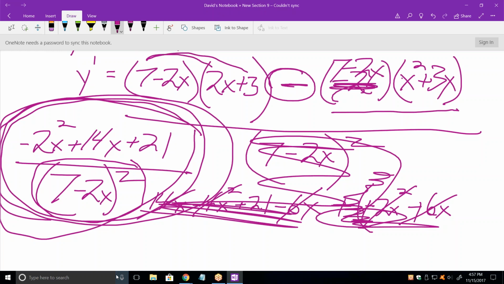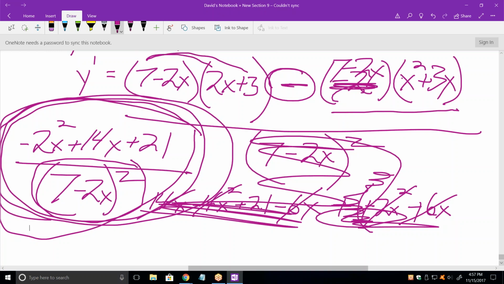Then I'll have one in the numerator that I'll be able to cancel, and this will turn into 7 minus 2x cubed, and I'll lose the one in the numerator. So this thing where you factor out the numerator and cancel it with the denominator usually always happens when you're doing the second derivative, applying the quotient rule a second time.